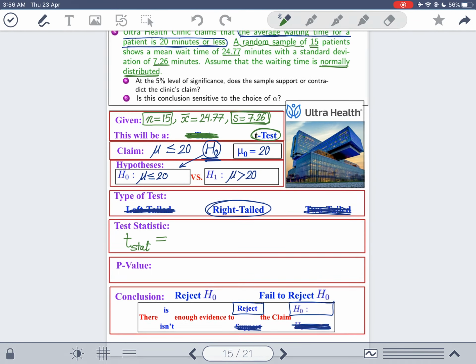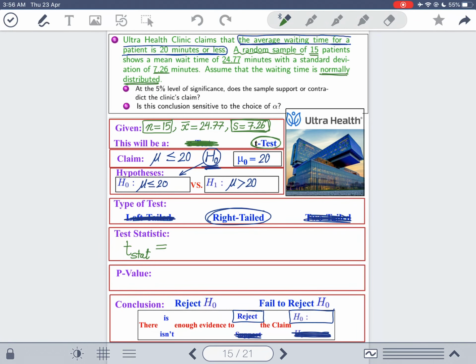Okay, good. So in this case, t stat is, again, x bar minus mu 0 over, now we have sample standard deviation S over radical n. X bar is 24.77 minus mu 0, which is 20, divided by S, which is 7.26, over radical sample size 15.